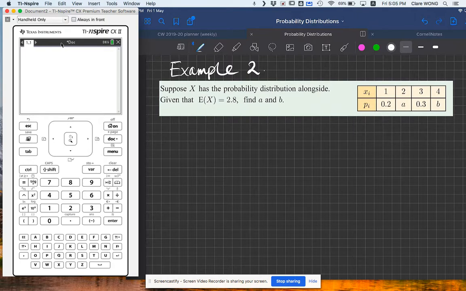We know that 0.2 plus A plus 0.3 plus B is equal to 1. Rearranging it a little bit, we can see that A plus B is equal to 0.5. This becomes our first equation.